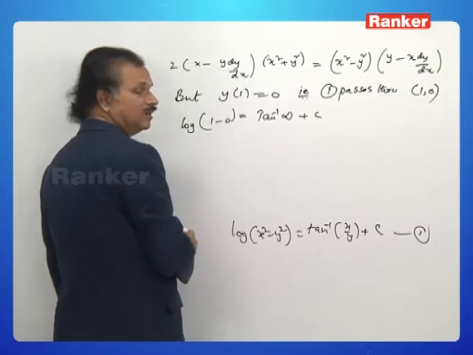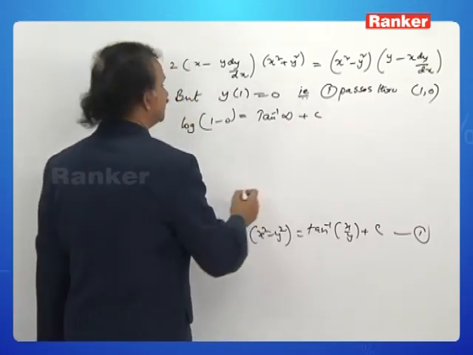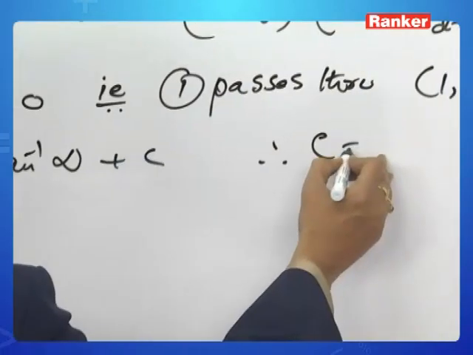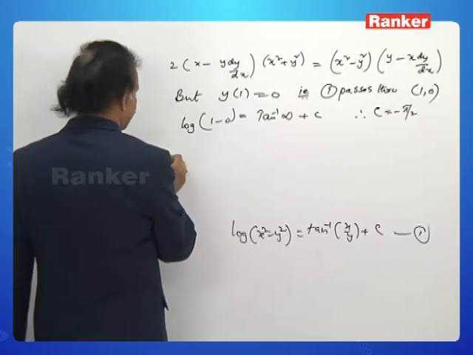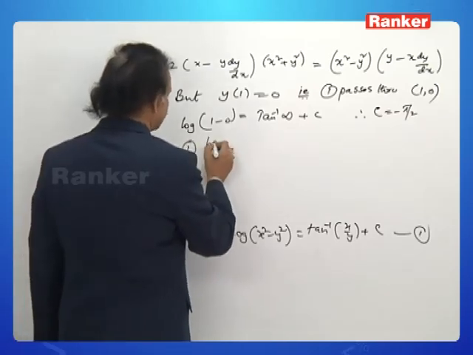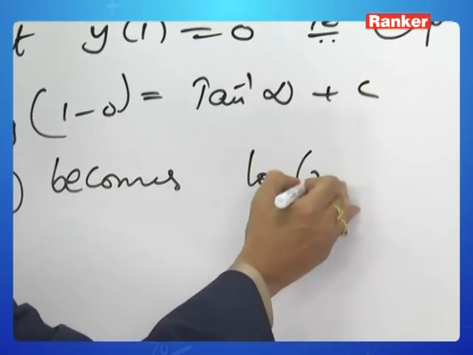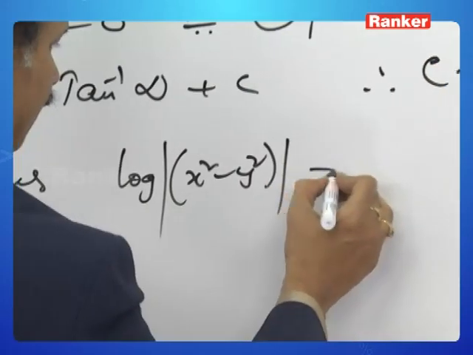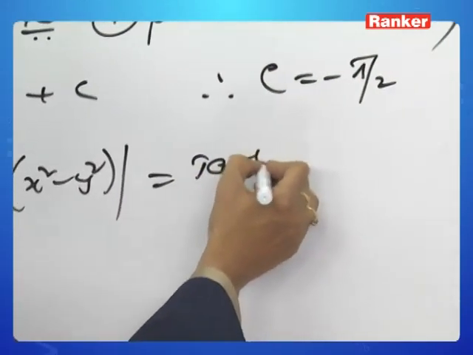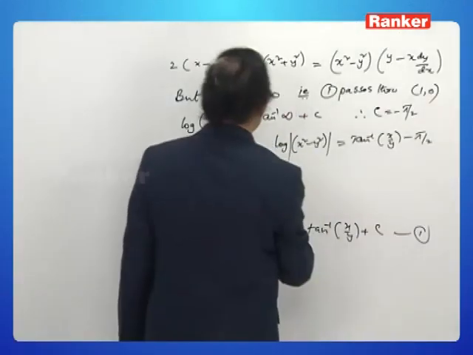This is 0. Tan inverse infinity, you can recollect it to be pi by 2. Hence c is equal to minus pi by 2. Therefore, 1 becomes log mod x square minus y square is equal to tan inverse x by y minus pi by 2. That gives the answer.